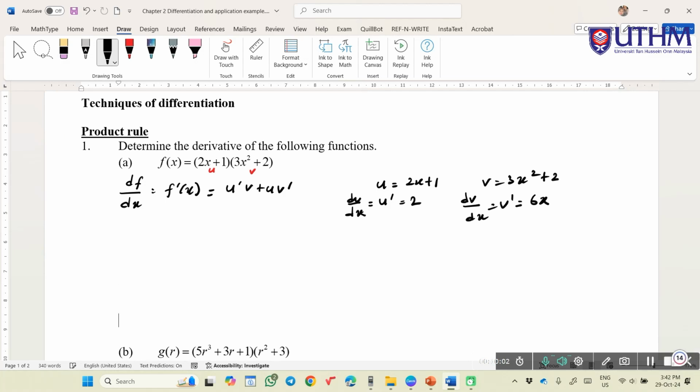After we obtain u prime and v prime, we can just substitute into the product rule formula.